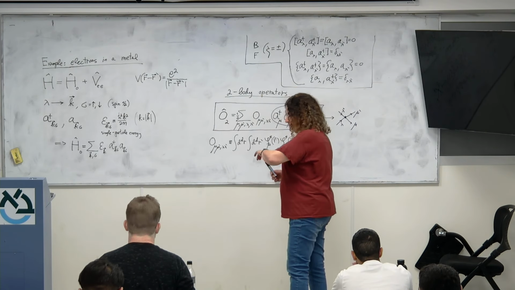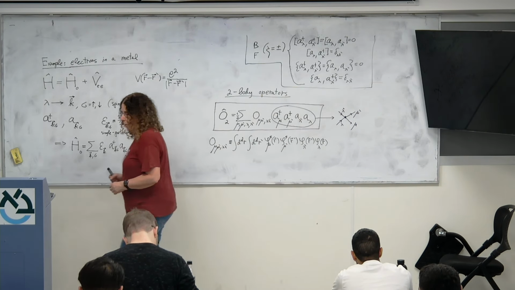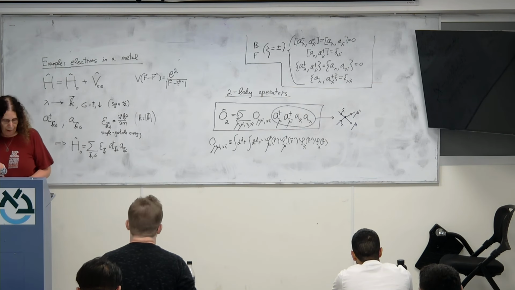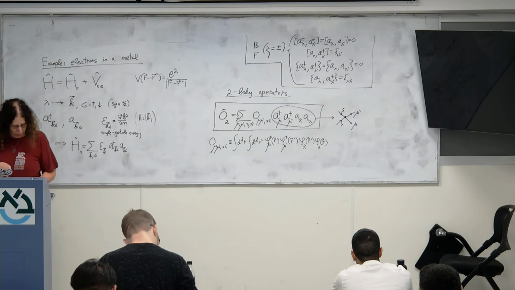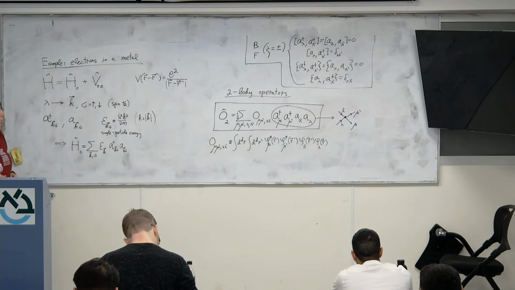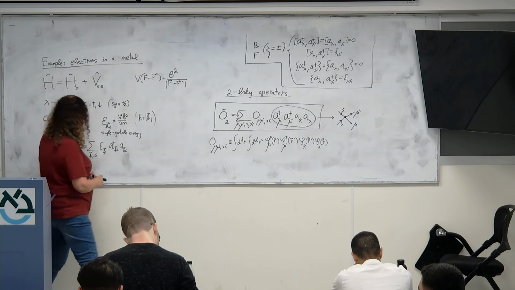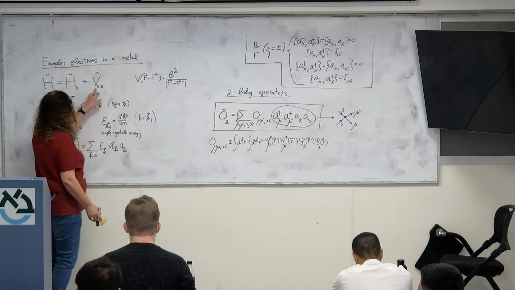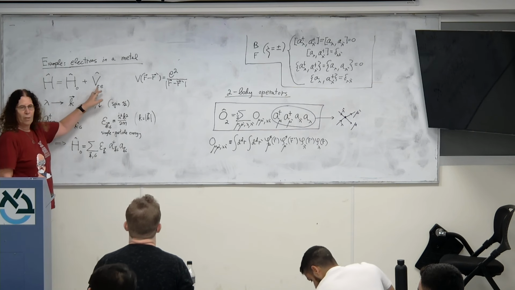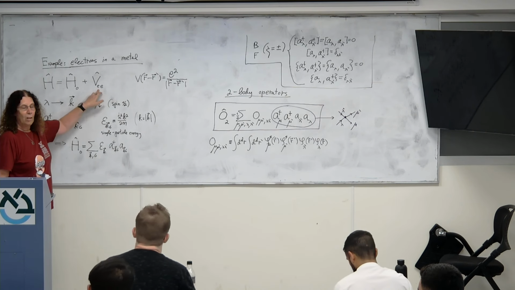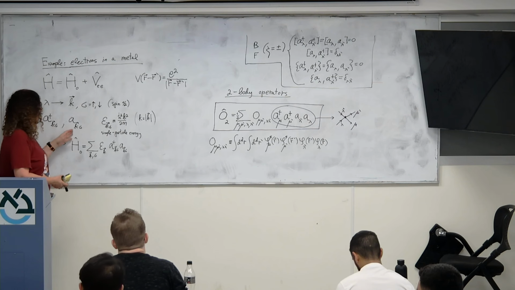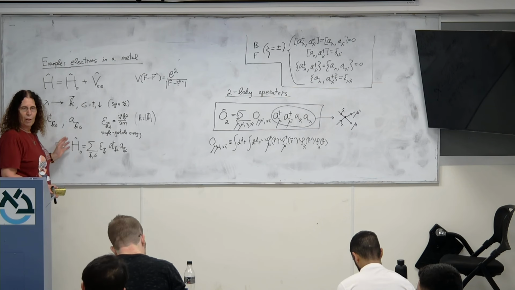Let me just take 1 minute and then we'll make a break. Now I want to write an expression for VEE in the same language, using the same building blocks.